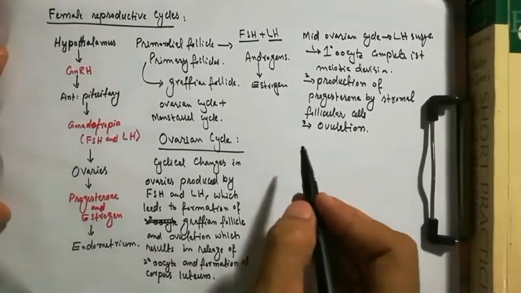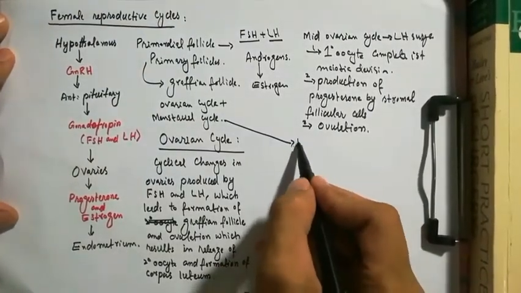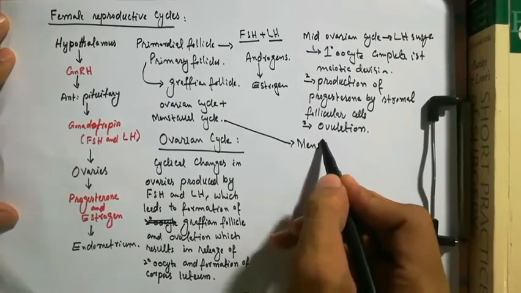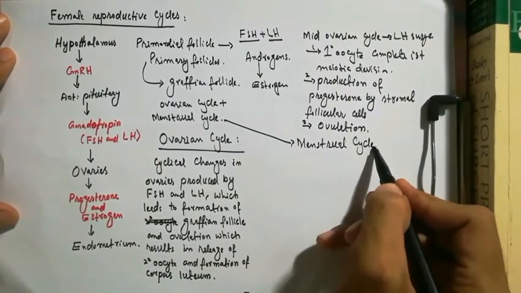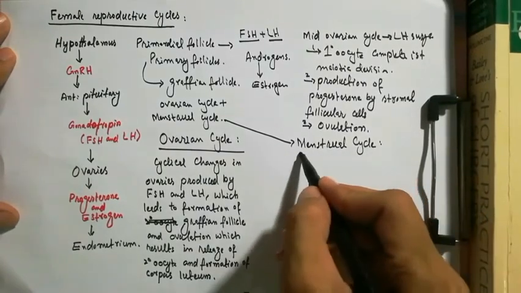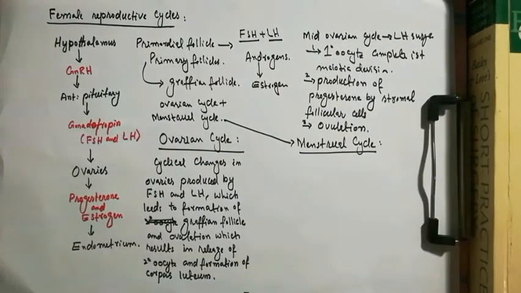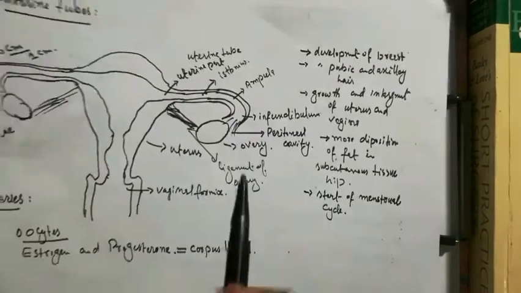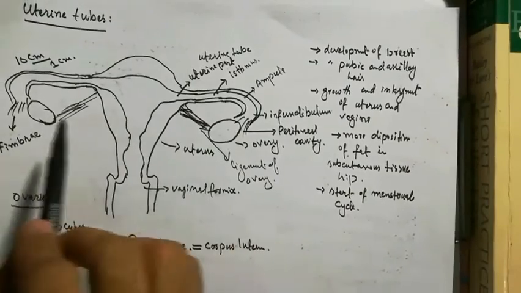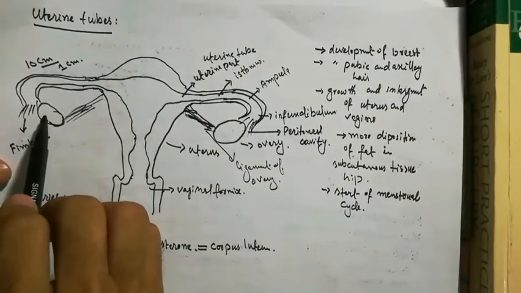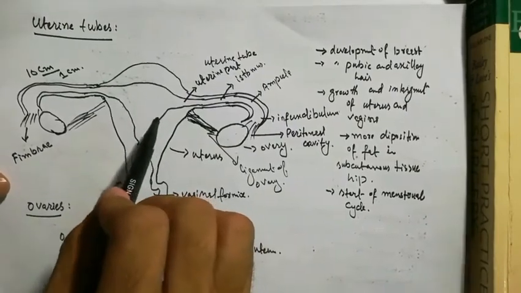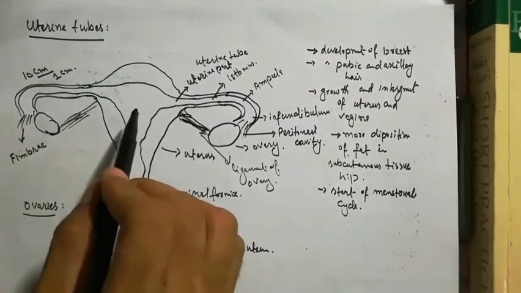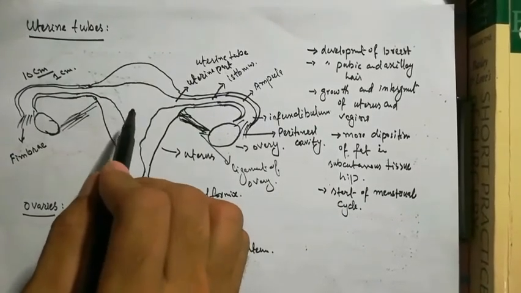Now, menstrual cycle. Hormones estrogen and progesterone secreted from ovaries reach the endometrium through blood circulation and produce cyclic changes in endometrium.